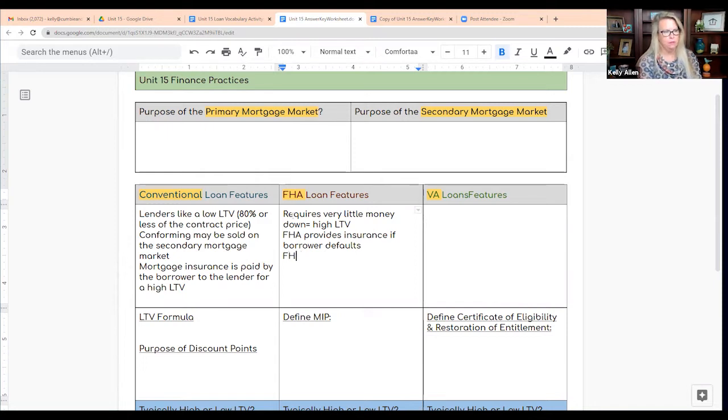FHA only insures the loan. The bank or the lender makes up all other rules related to interest rate, points, origination fee, etc. Okay, let's make that say, we'll put I in there.